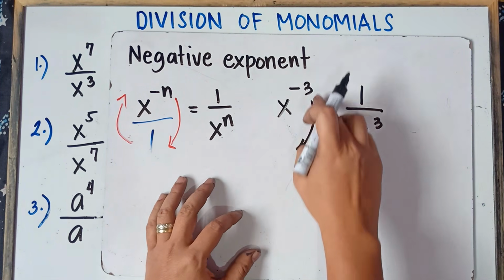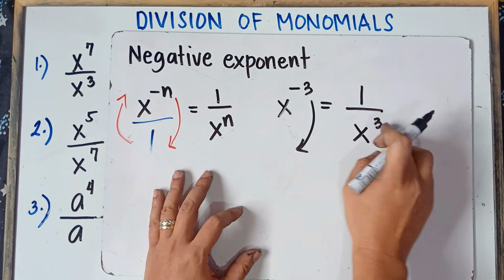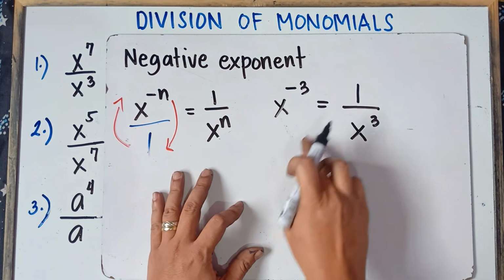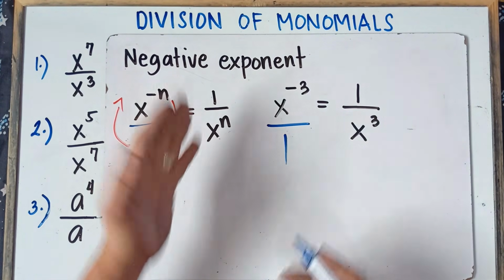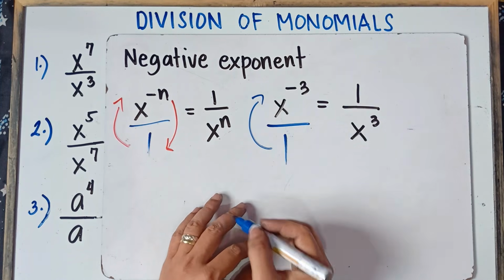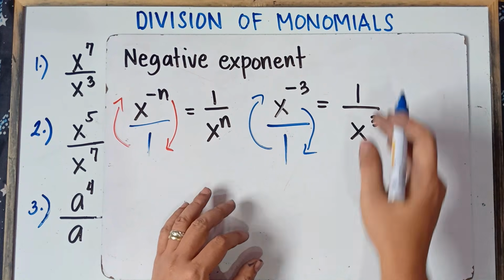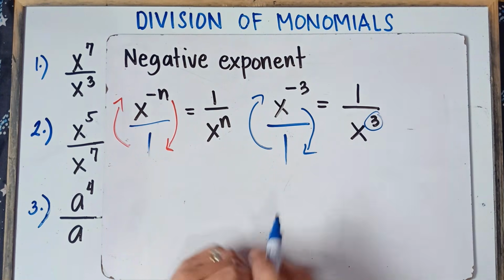Instead of negative, it will become a positive exponent. Understood that there's 1 here over 1. Just simply get the reciprocal. This one will be the numerator, and this x to the negative 3 will be the denominator. So there will be 1 over x raised to the power of 3, and this exponent 3 becomes positive.